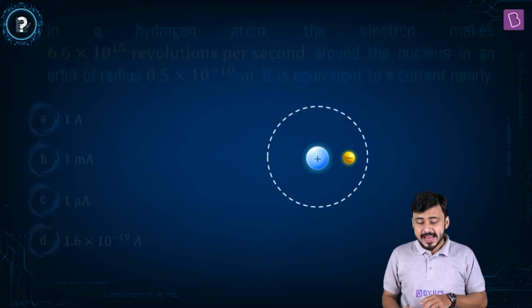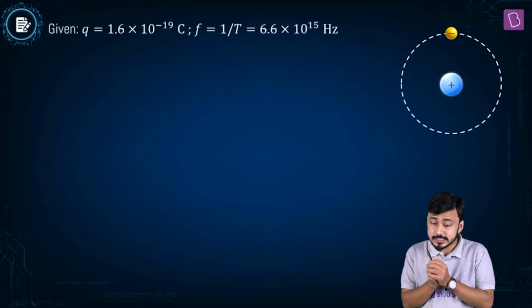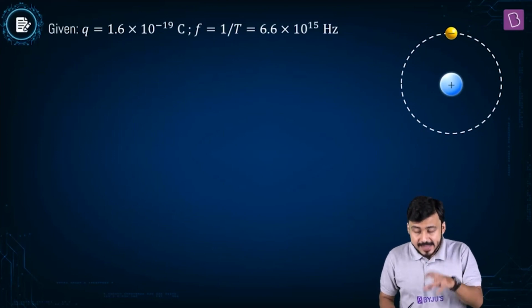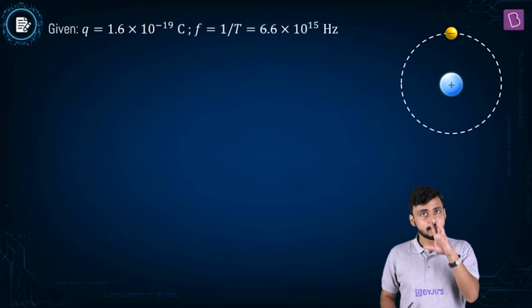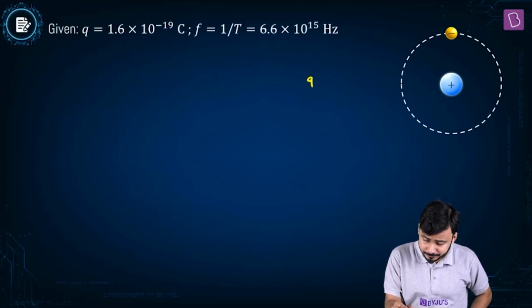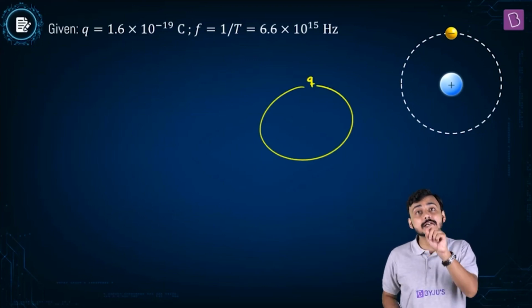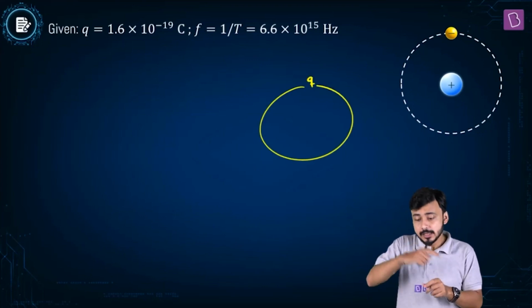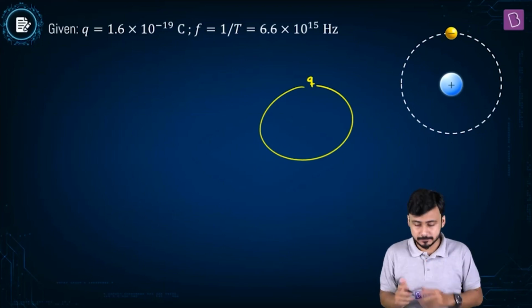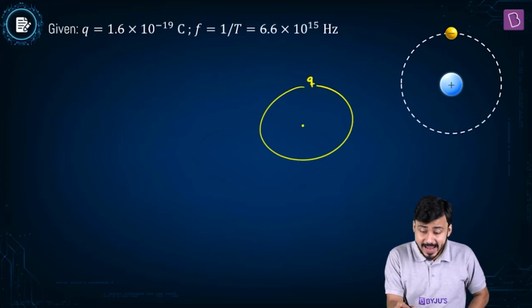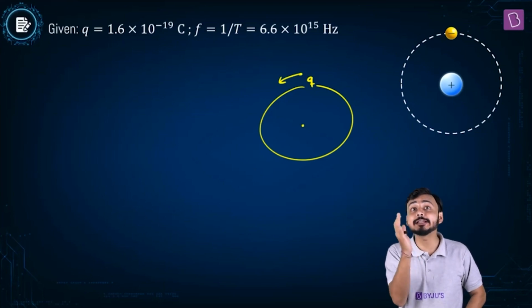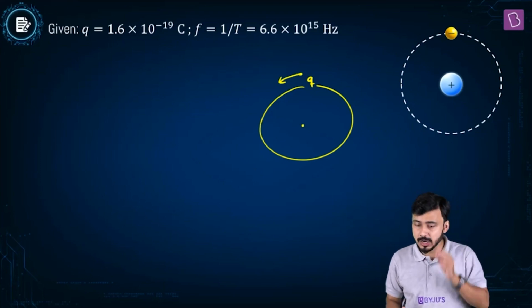So this you might have read in your general theory sessions, that whenever a charge q revolves in a circular path, it actually carries an equivalent current. Why so? Let's talk about it.